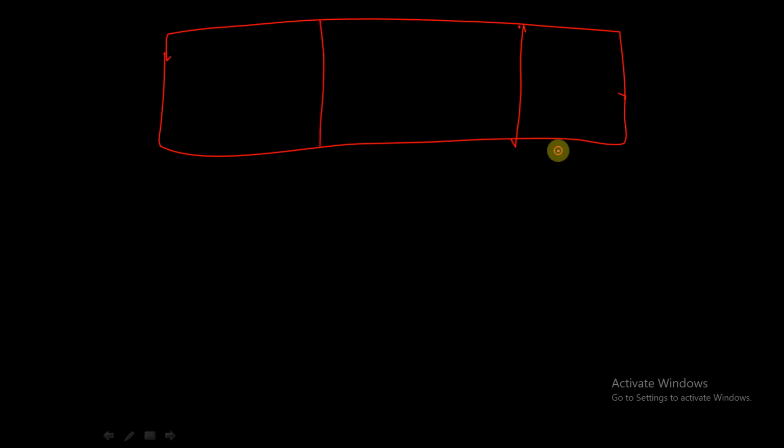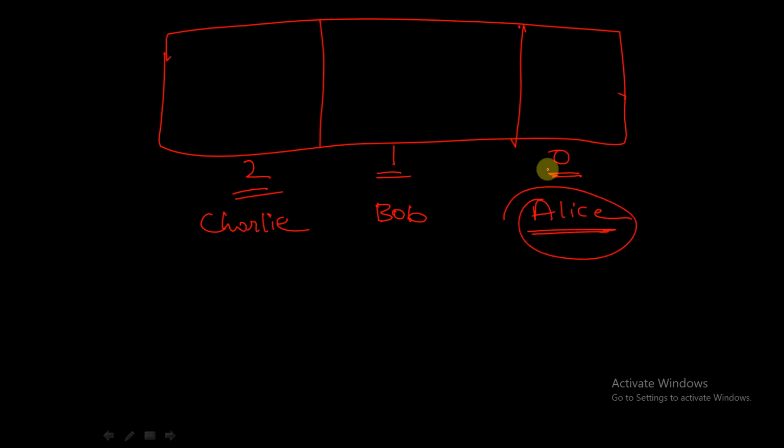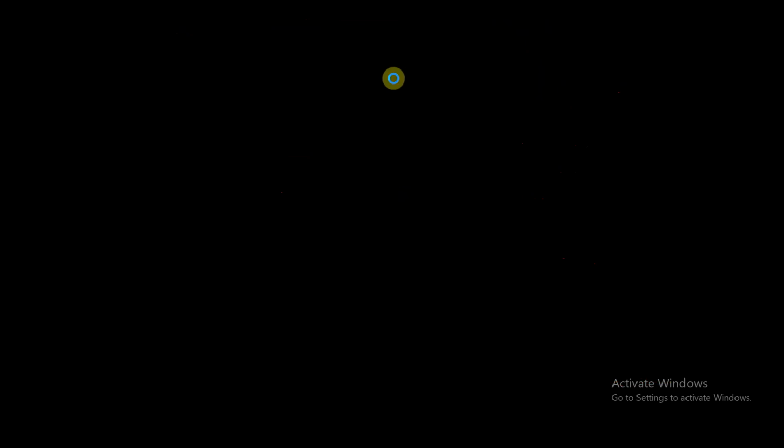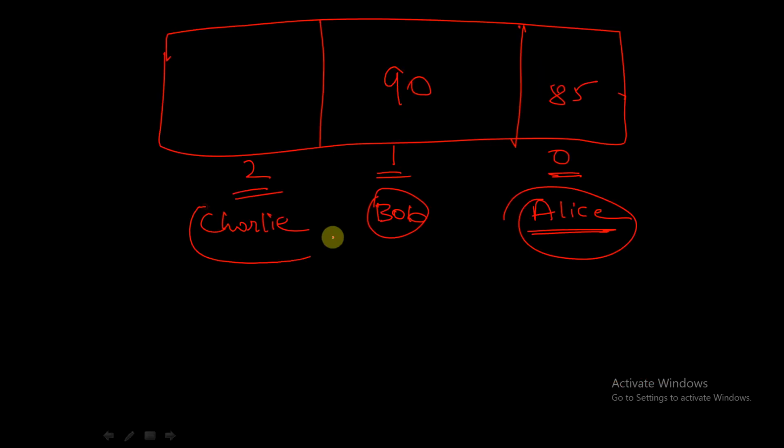Instead of index as 0, 1, 2, index as integer type, we are having index as string values: Alice, Bob and Charlie. What is the value corresponding to this particular index? That is 85, and corresponding to this index is 90, and corresponding to Charlie is 78.